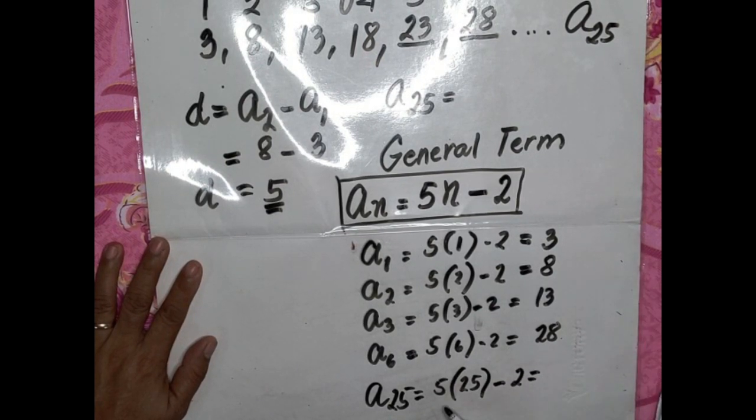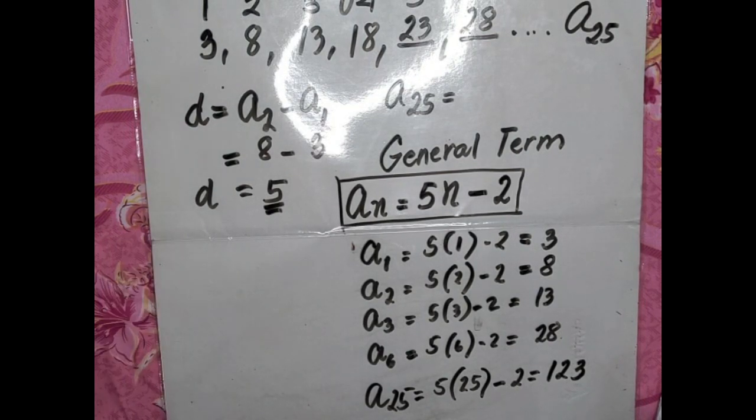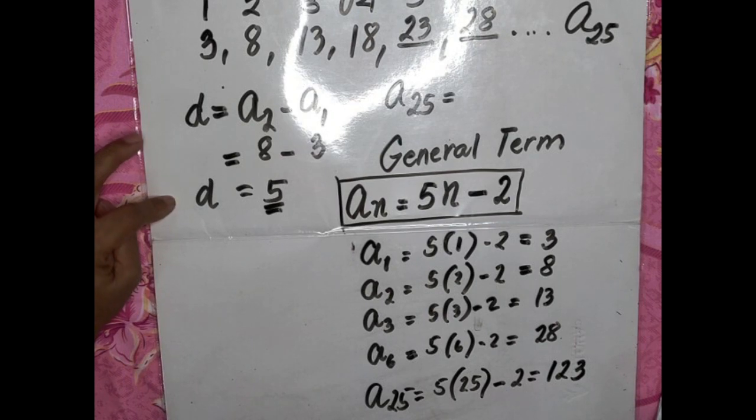And what is 5 times 25? 125 minus 2, so that is 123.